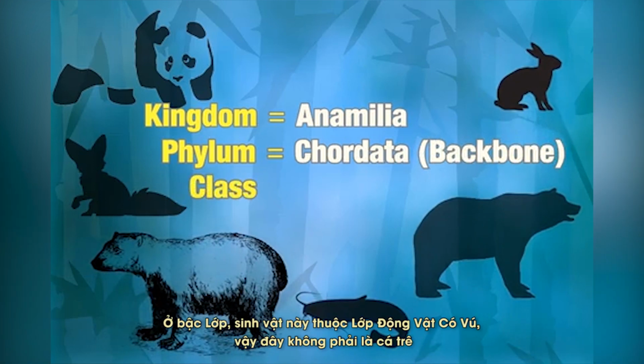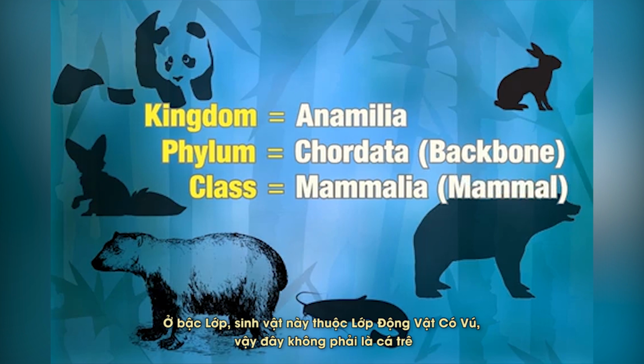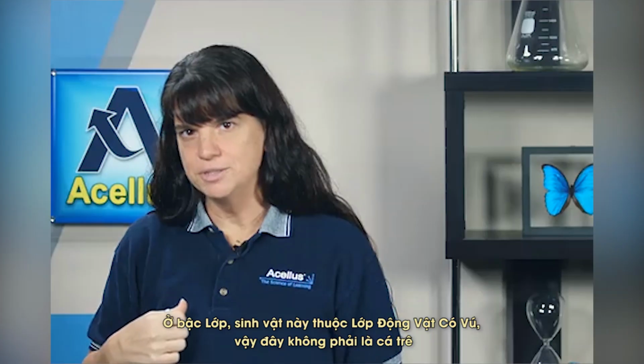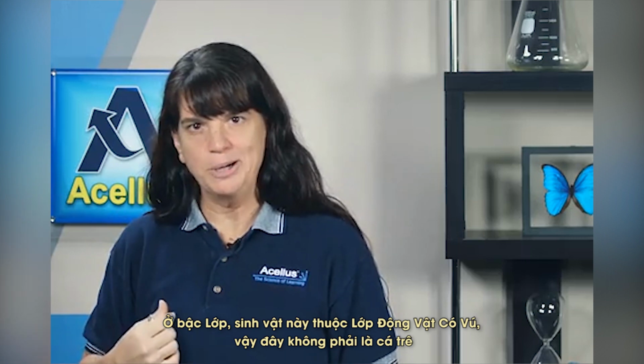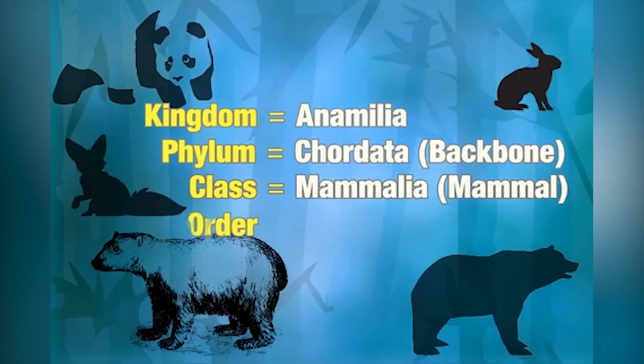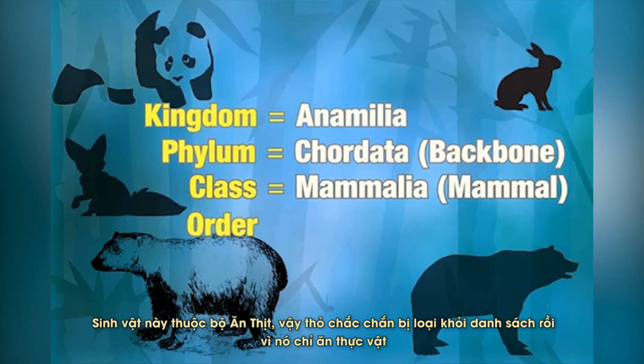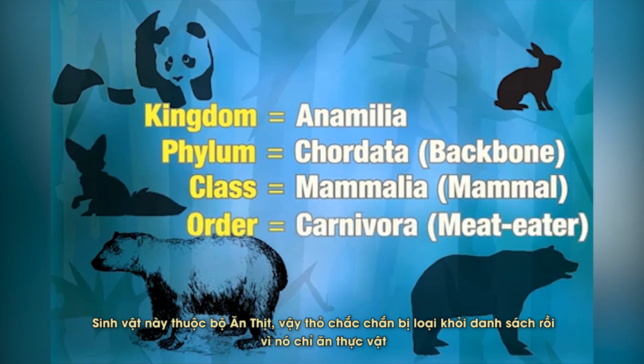What about the class? Class of this mystery animal is Mammalia. There's a clue there. Mammalia. It is indeed a mammal. So I'm going to go ahead and kick out the catfish. He's no longer invited to the party. The order of this mystery animal is the Carnivora.